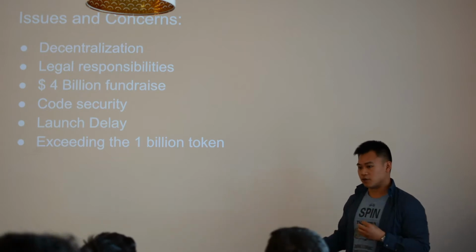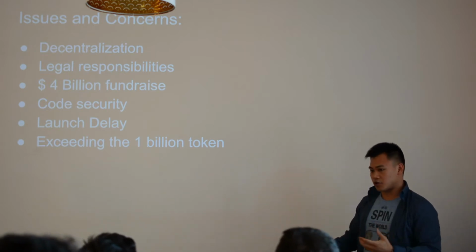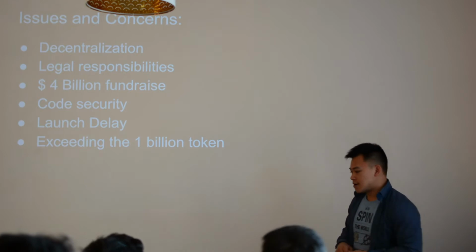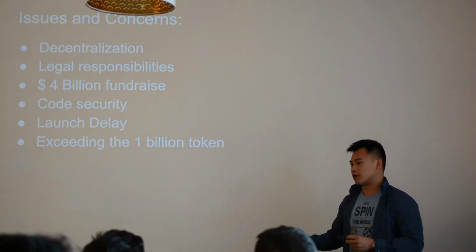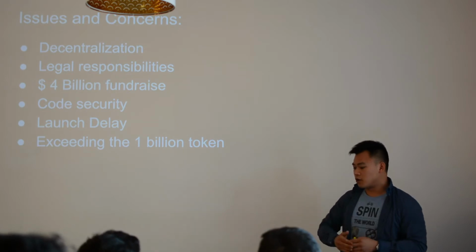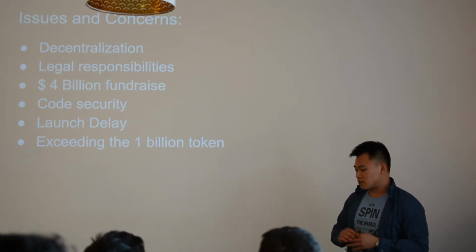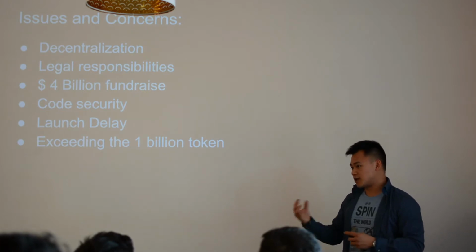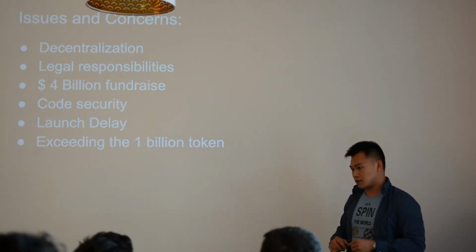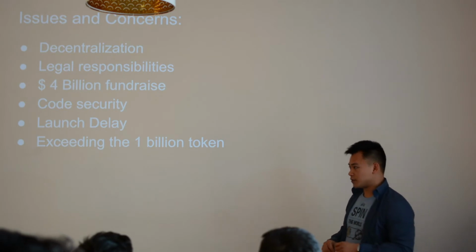But with the smaller proof of work coins, I'm sure you heard about all the 51% attacks. Whoever is holding the hashing power has control over the network. So if the goal of decentralization is to make sure no one controls the network, then the concentration of hashing power is a very big problem for these proof of work hashing algorithms.